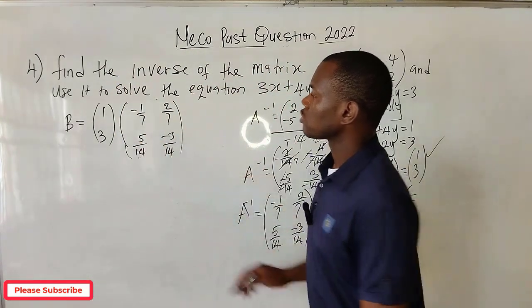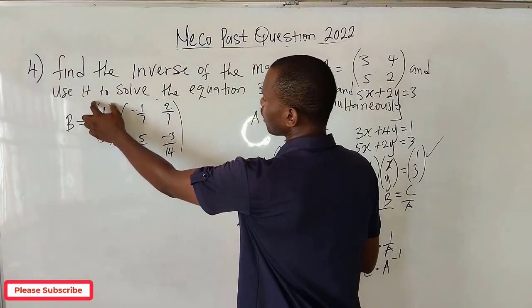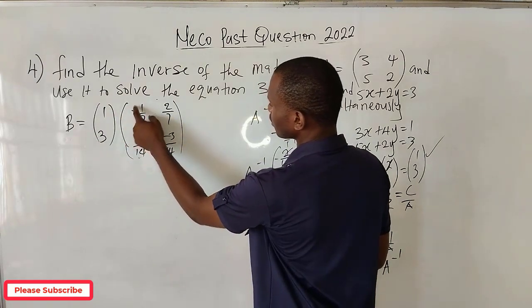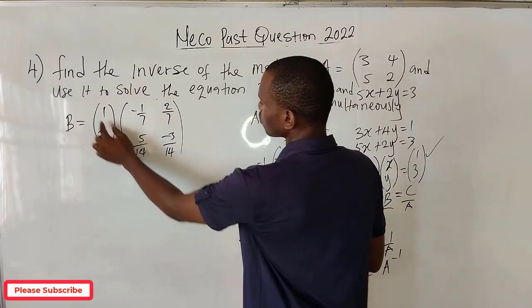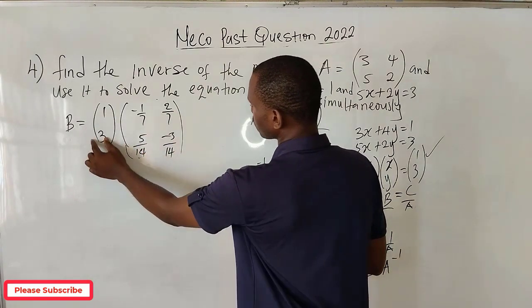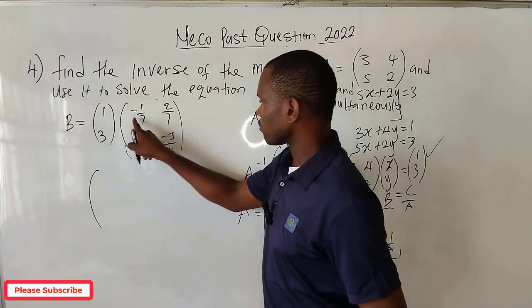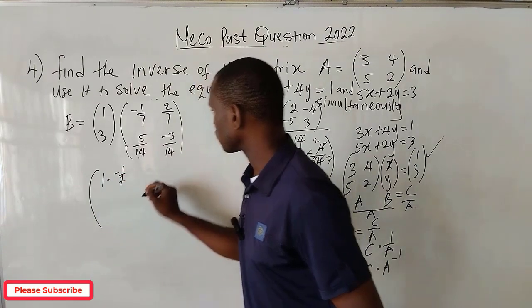This is it. So to multiply, we multiply column against row. So 1 we multiply here plus 3 we multiply here. We come over here also. 1 will multiply here plus 3 will multiply here. So let's go. 1 times here, this is 1 times minus 1 over 7.